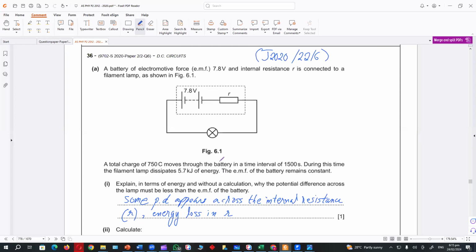We are presently doing June 2020 paper 2 question number 6.